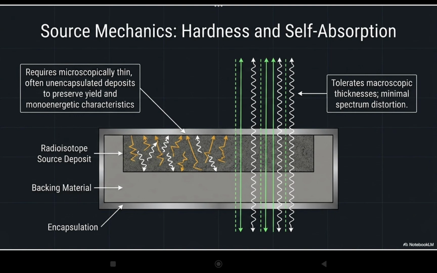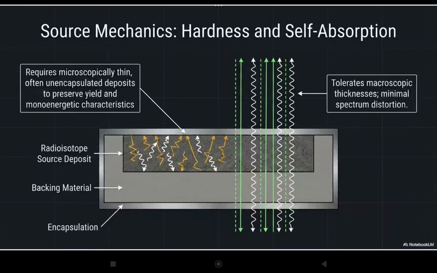Now we move to source mechanics, especially the ideas of hardness and self-absorption. Some sources need to be prepared as very thin deposits, sometimes even unencapsulated, because the emitted particles would lose too much energy if they had to pass through source material or an outer cover.